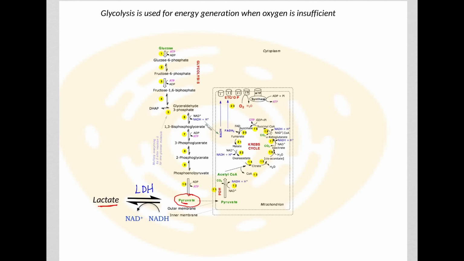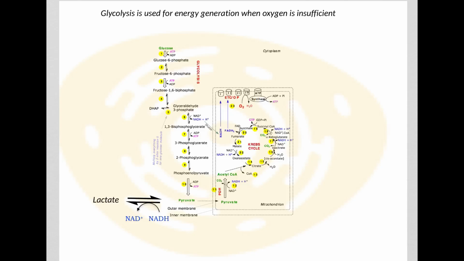So pyruvate reacts with NADH to give you lactate and NAD, or LDH could interconvert in the other direction. It could convert the lactate into pyruvate by reacting with NAD. So lactate plus NAD could give you pyruvate plus NADH. So this enzyme can catalyze the reaction either going in this direction or in this direction.